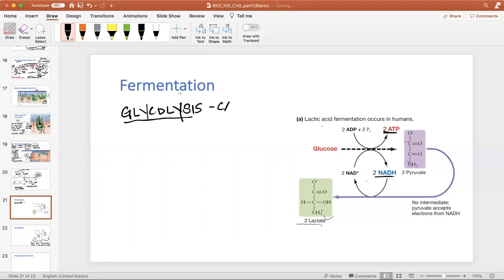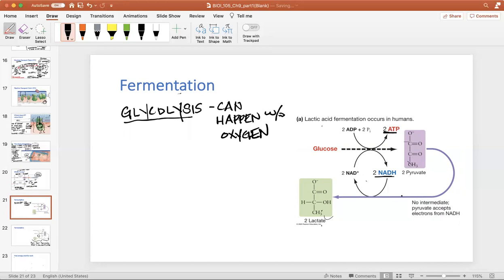Glycolysis can happen without oxygen. So in a pinch, if you're low on oxygen, you can just do glycolysis. You're only going to get 2 ATP out of it, but you can still do something.